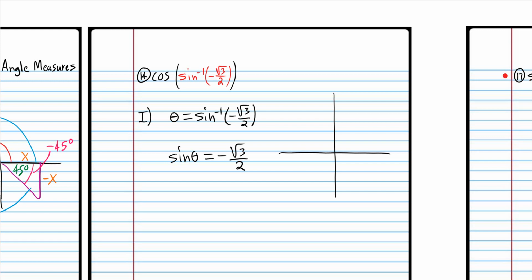So sine is negative in the third quadrant and the fourth quadrant. And sine is opposite the reference angle over the hypotenuse. And this side is negative x, this side is x, negative x root 3 and 2x.